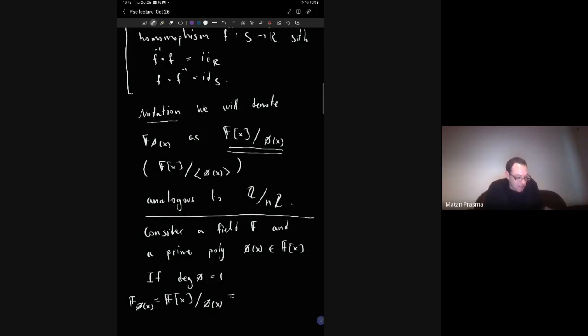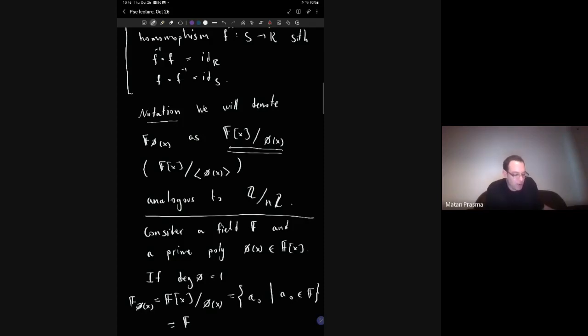But since phi has degree 1, the remainder polynomials have to have degree smaller than 1, so they have to be constants. So it's really all the a0 such that a0 is in F, which is of course just another way of saying F. So this is not interesting.